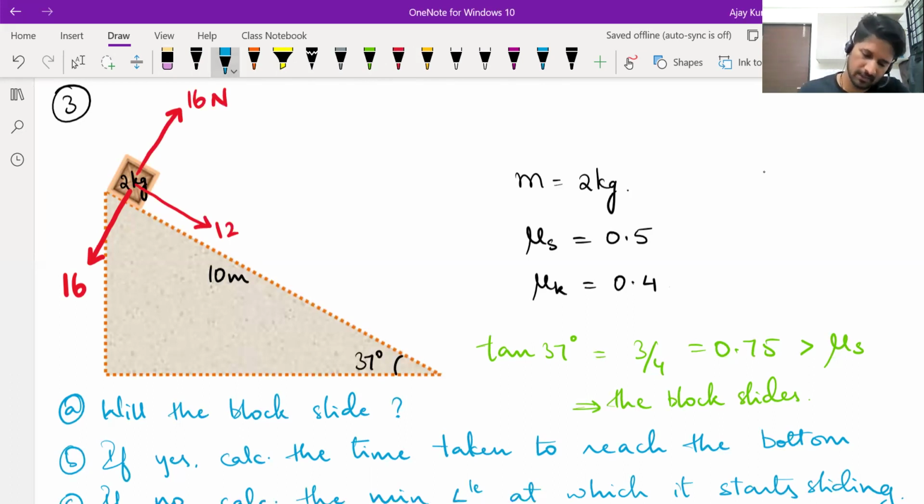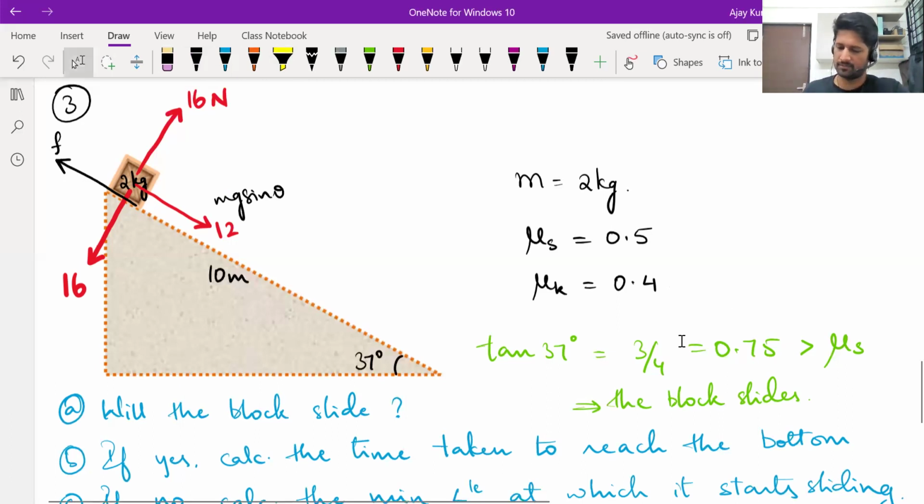And frictional force. Friction will be acting on it. This block was released from rest due to the mg sin theta component, 12 newtons, pulling it down the incline. It starts sliding down. Then we can say that friction will act up the incline. Okay. What kind of friction? Kinetic friction.